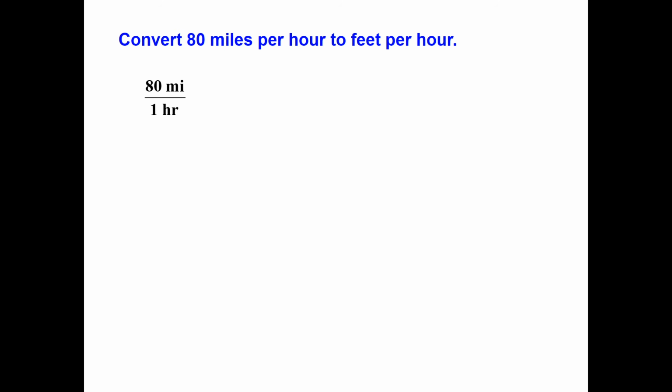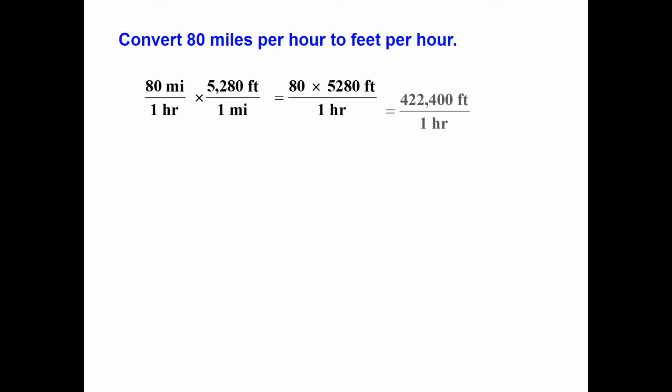So we'd put miles on bottom, so it'd be 5,280 feet divided by 1 mile. The miles cancel out, and we're left with only feet and hours. So it's equal to 422,400 feet per hour.